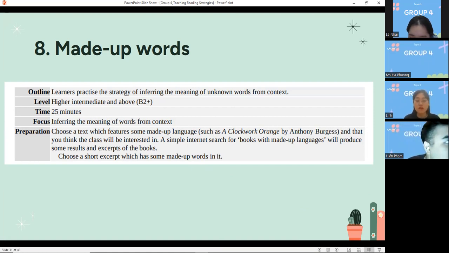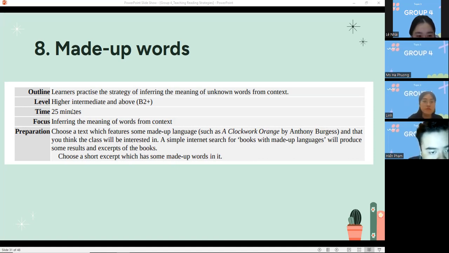It's not an appropriate strategy for all text types, nor is it an easy strategy to use unless the bulk of the words in the surrounding text are already known to the learner. So it's suitable for students at higher intermediate and above, B2 level.